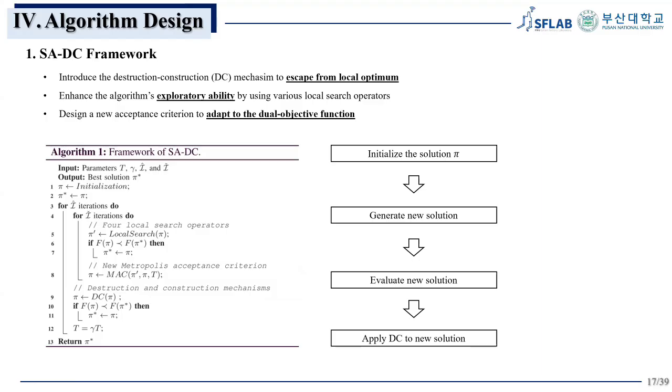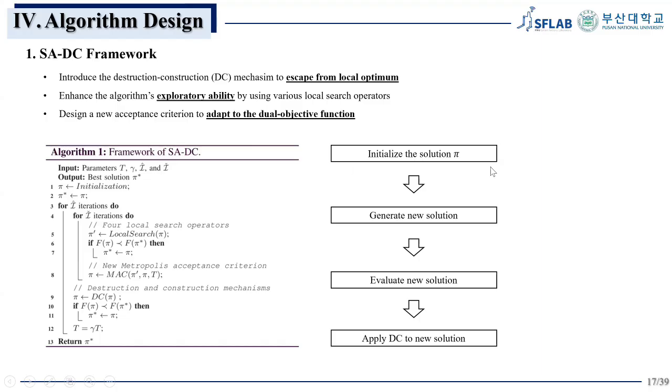We also enhance the algorithm's exploratory ability by using various local search operators. And because we consider a dual objective function, we also need to design a new acceptance criterion to adapt to it. The pseudocode for the SADC framework mainly consists of 4 parts.